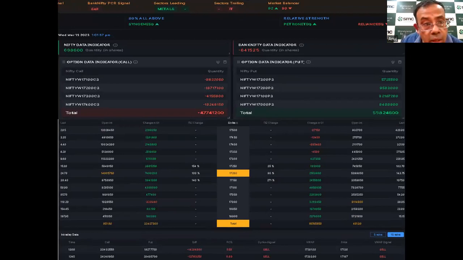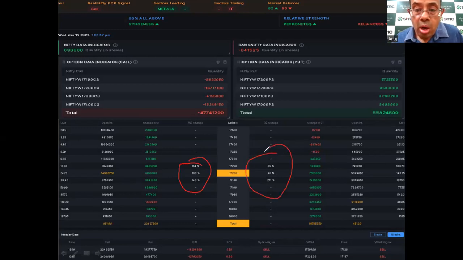At 1 p.m., the PCR also dropped from 0.6 to 0.58, and there is a hell of a lot of mayhem in the market. Call writing was to the tune of 100% and 140, whereas there was a huge unwinding from the earlier position. So this is how you identify the trend, and this is how you should look at it.